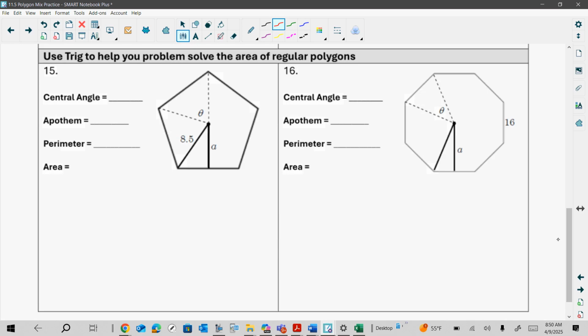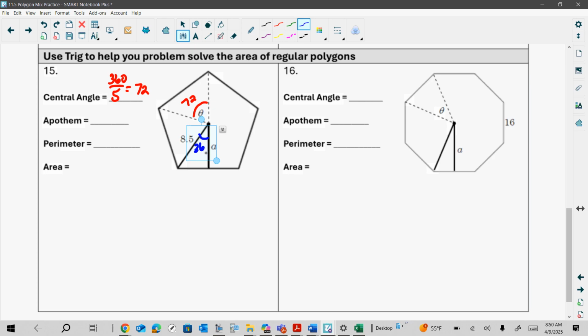Then when we get here, it says you're going to use trig to help you problem solve to find the area, because our central angle here, that's the 360 divided by 5, which was 72. We're going to take half of that, which gives us the 36.